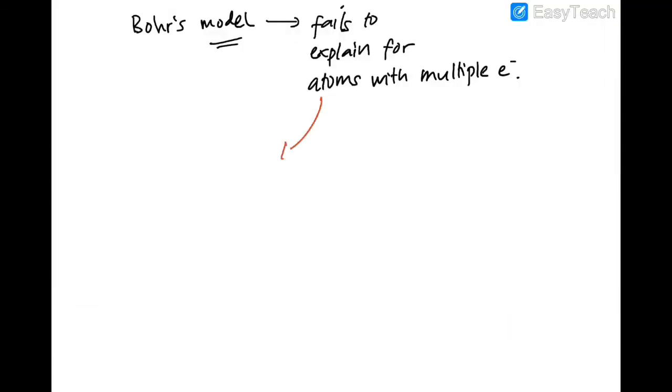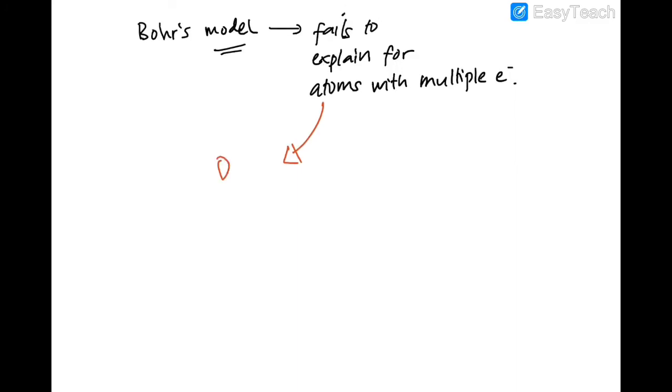The next approach to overcome this limitation of Bohr's model is through the introduction of quantum mechanics. In quantum mechanics, the electron is, just like light, both particle and wave.